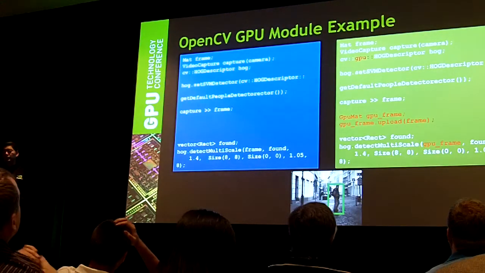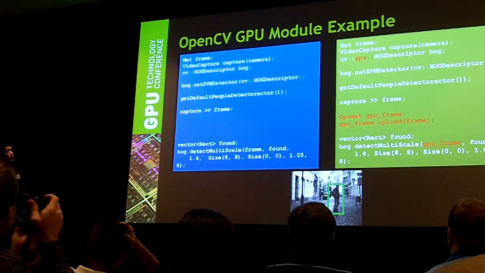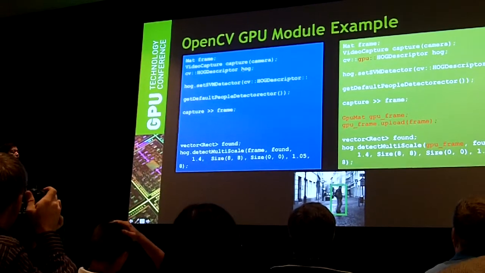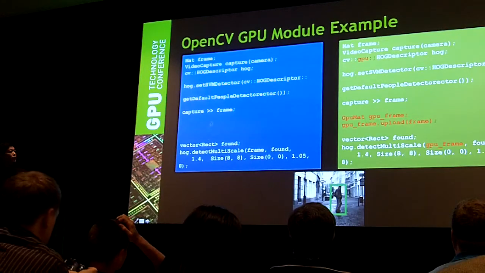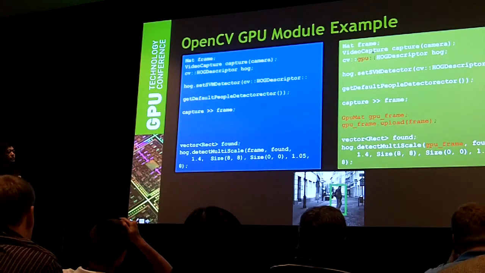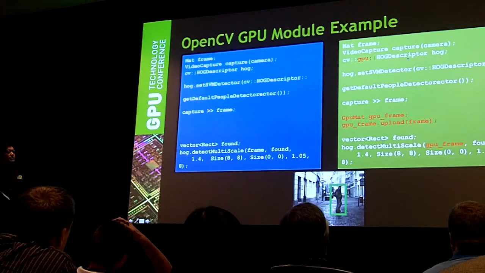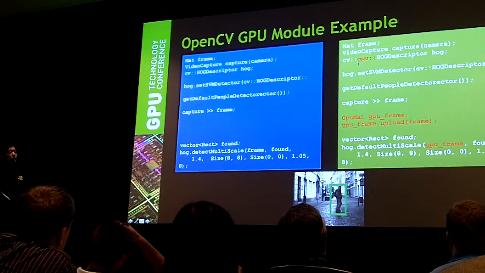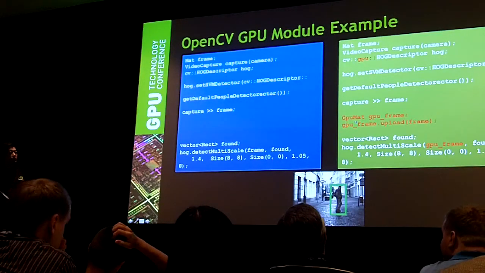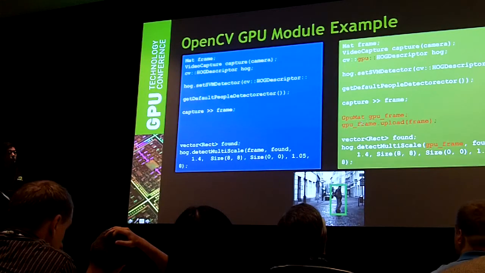So this is what the code looks like. On the left side in blue, this is instantiating a HOG descriptor, and on the right side is what you need to have the GPU version. We define specific interfaces that look just like the CPU versions. We just add a GPU there. And for data structures like the GPU frame, we make sure we specify that it is a GPU frame.